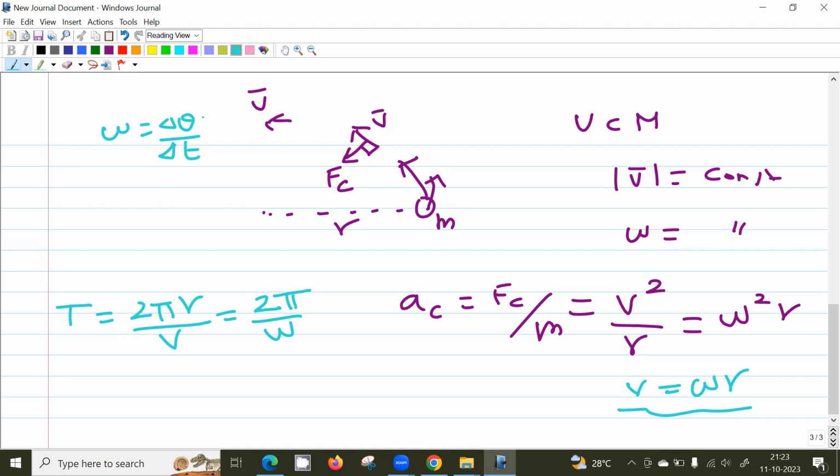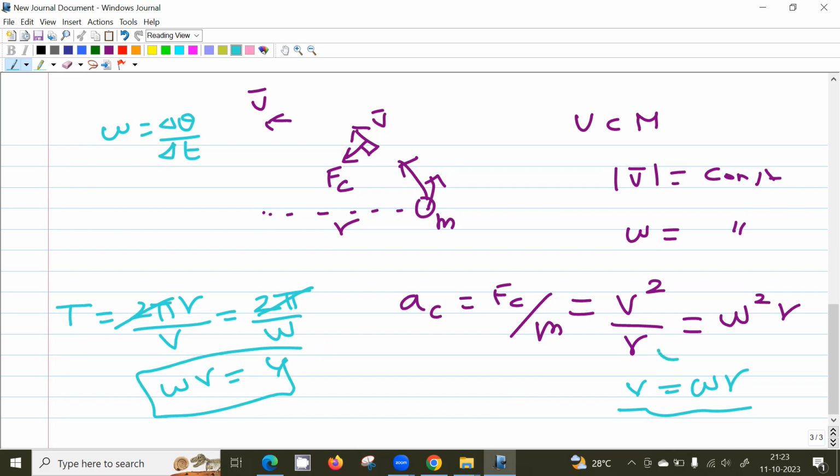So for a complete circle, this delta theta is 2 pi, and the amount of time taken will be capital T. So from that I can get capital T as delta theta by omega, for a complete circle that is 2 pi. So here 2 pi will cancel. So I get v equal to omega into r. So this is a basic relation for circular motion.